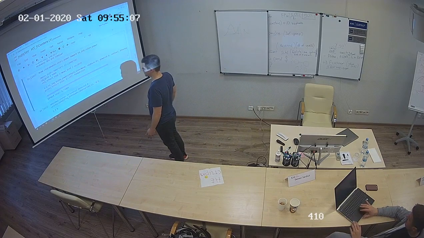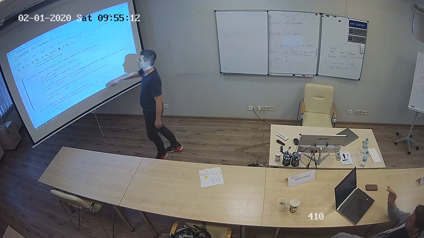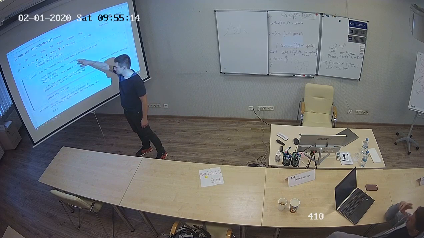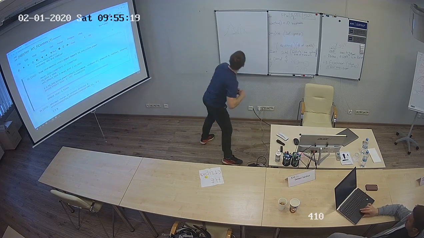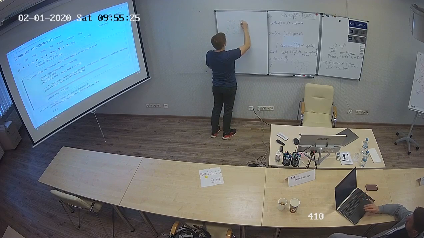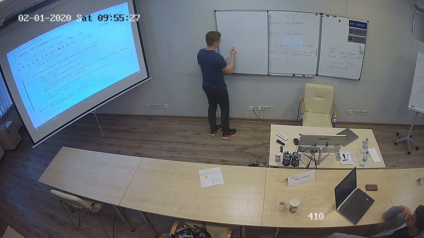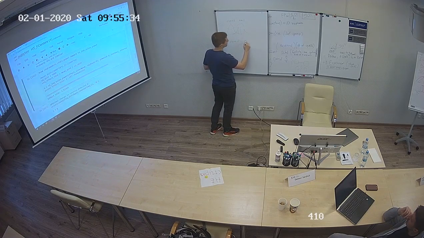And effect size is basically the following. You take the difference of the mean of group 1 and the mean of group 2. So effect size is mean 2 minus mean 1 divided by standard deviation.